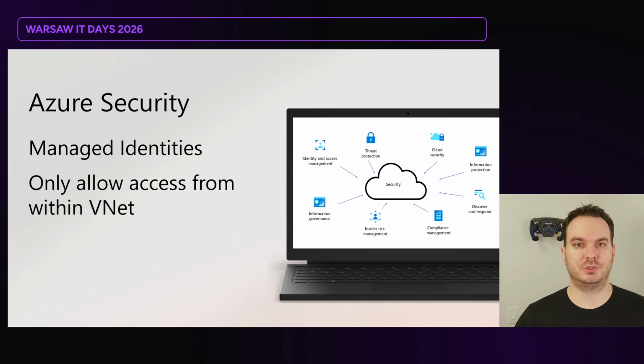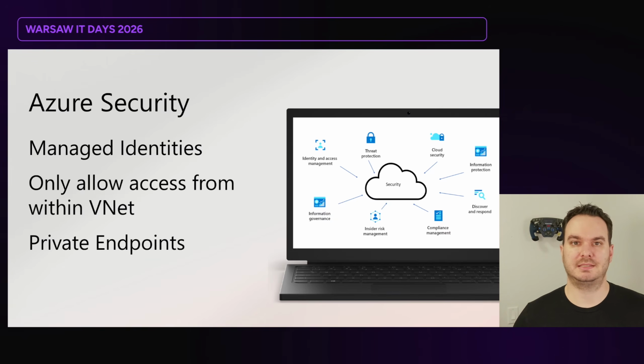Then another option I have to increase the security is to remove the public access from my services. This means I can't access them over the internet and I can only access them over a private connection. This means from within the VNET. The way it works is I create a private endpoint for my service.